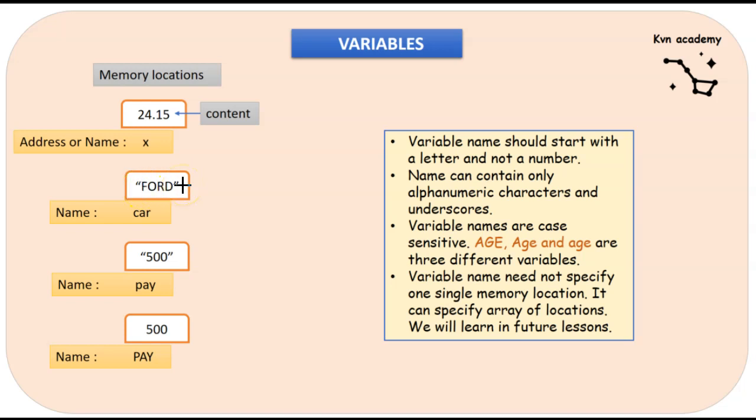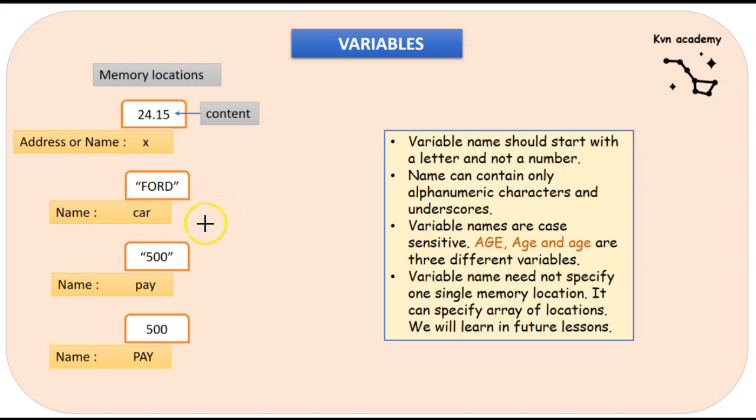So calculation cannot be done with this variable. That is the meaning of double quotation. So in short, again we can say variable car has the value "fold" as a string.